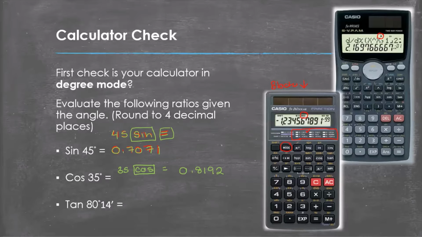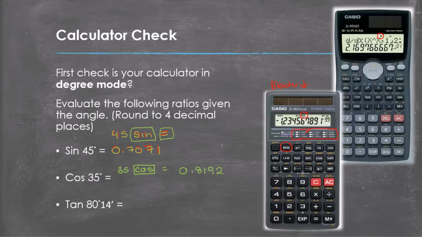If you round it too soon, it's going to make your measurements come out off. And you know how important precision is. So you want to keep things precise. So whenever you're finding a sine of 45 degrees, cosine 35, tan of 80 degrees, 14 minutes, you always want to keep 4 decimal places in that ratio. So you can just take that as a rule, straightforward.